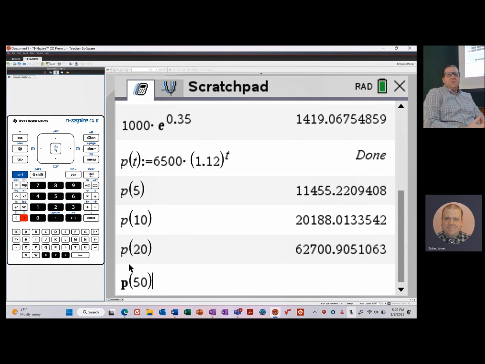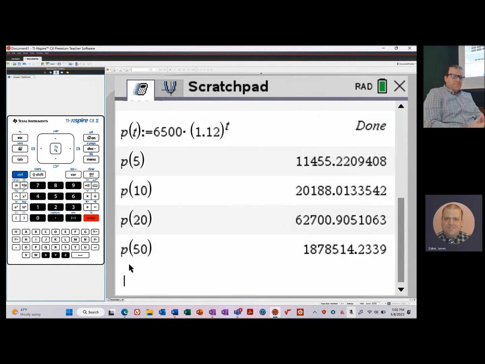After 50 years, your account has $1.8 million. And that is if you don't touch it or add anything to it, and the interest rate stays the same.